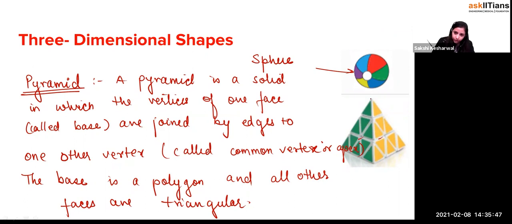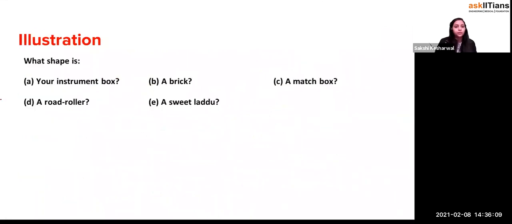You take the other triangles, and this point is called the apex, and you join all the triangles to make the three-dimensional figure. If you take the base as a triangle, then it is said to be a triangular pyramid. If you take the base as a square, then it's a square pyramid. If you take the base as a pentagon, then it is said to be a pentagonal pyramid, right?